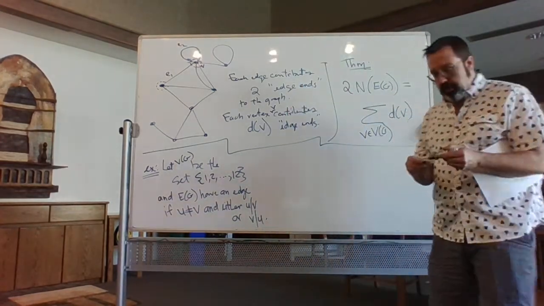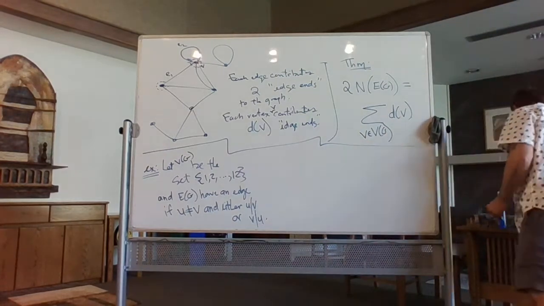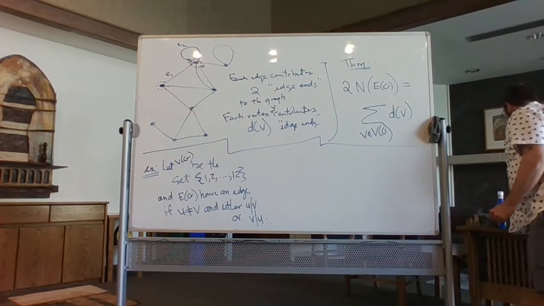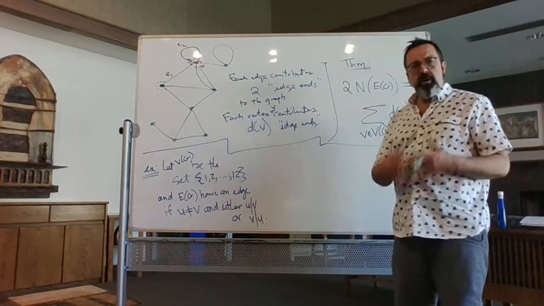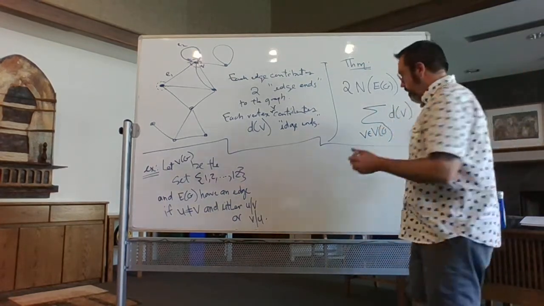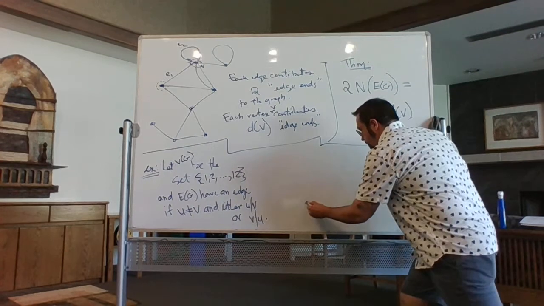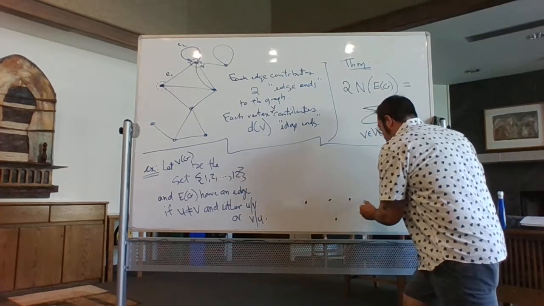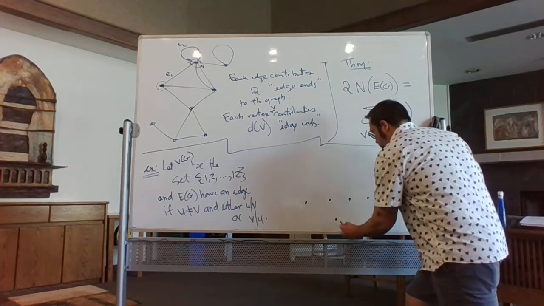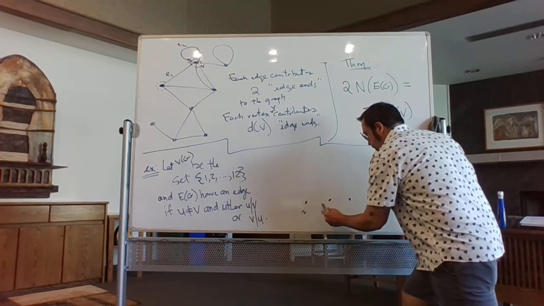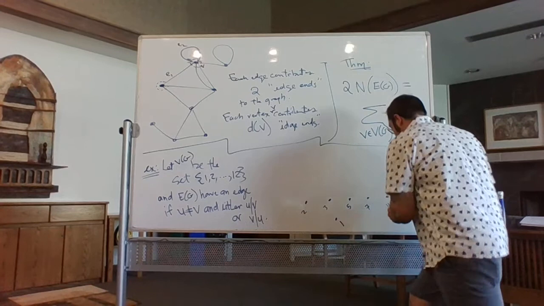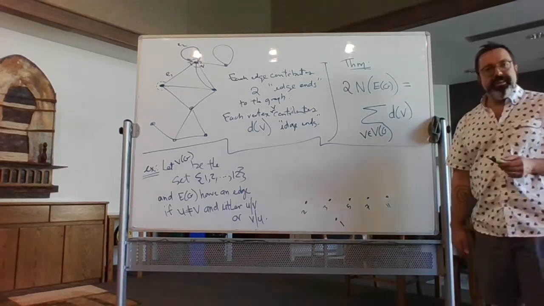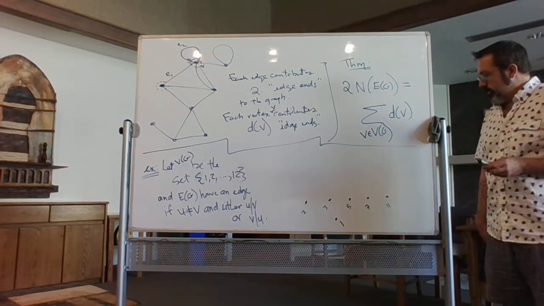Let's see if we can get a picture of this graph to start with. That's the first question, can we get a nice intuitive picture of this graph? So the vertices are the integers from 1 to 12. And I'm going to draw them in a very suggestive fashion. 1, 2, 3, 5, 7, 11.